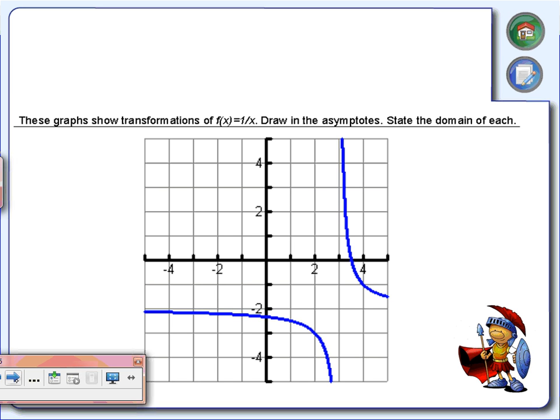There's one more. You do this one on your own. Go ahead and draw me your two asymptotes. Give me your equations for those two asymptotes. And then give me the domain. So do those three things for me.